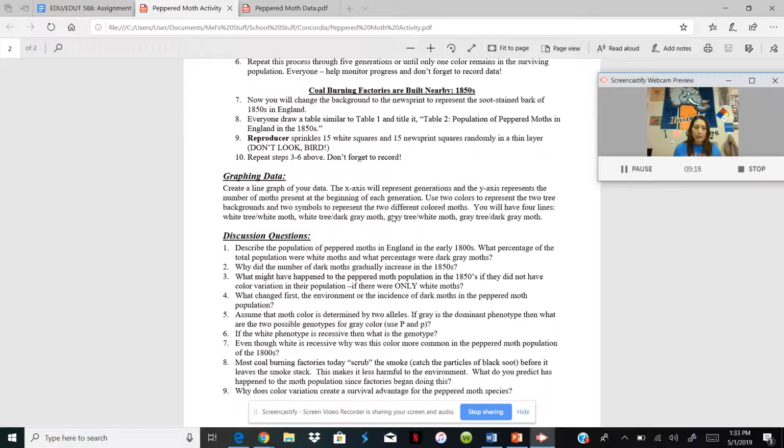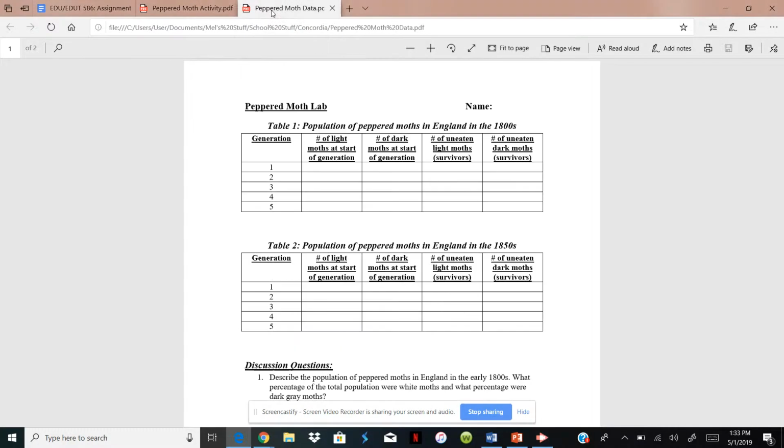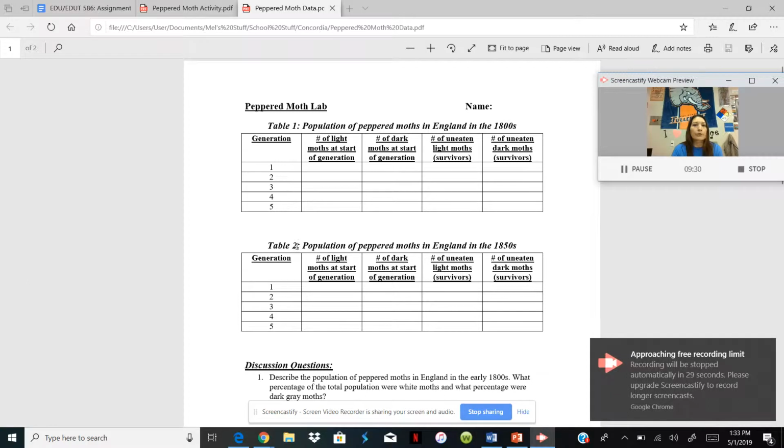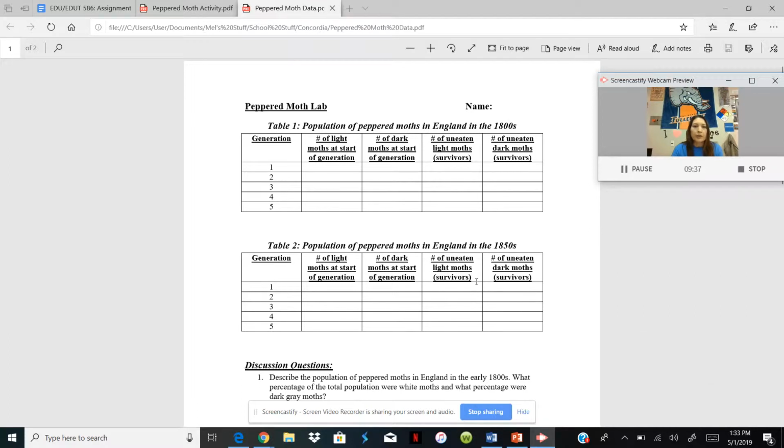Okay, and you are going to have a second data table that's going to look exactly like the first data table, except that the title is going to read Table 2, Population of Peppered Moths in England in the 1850s. So you're going to repeat this process for 5 generations, and you're going to take data.